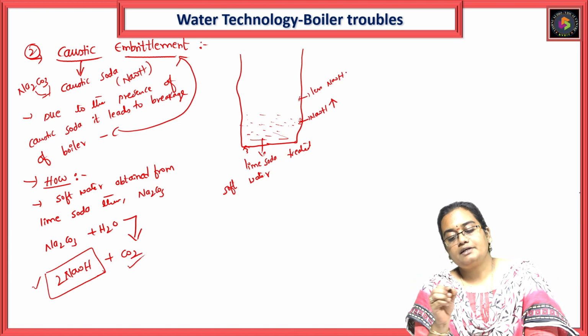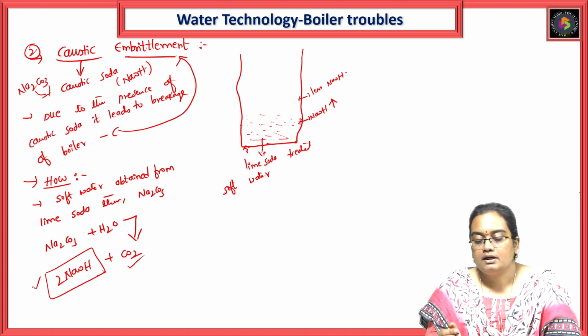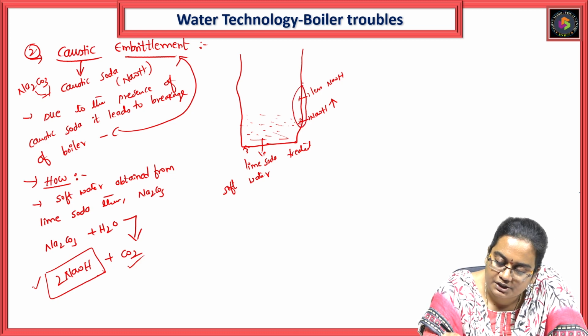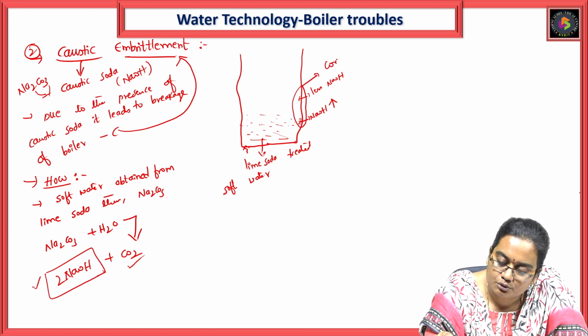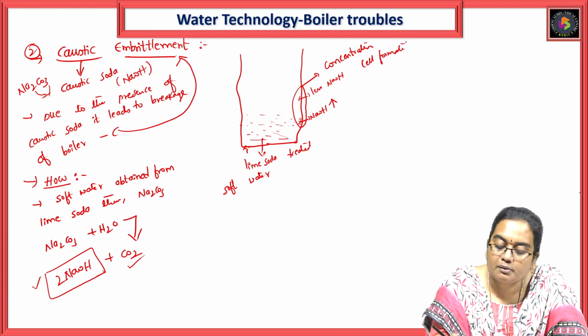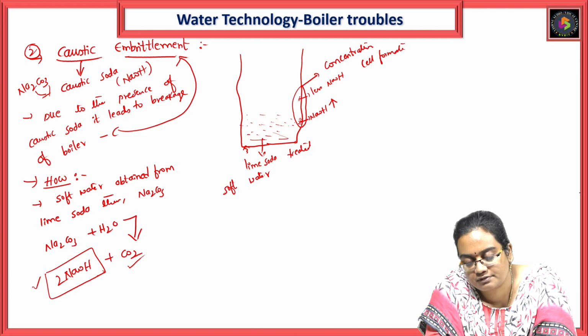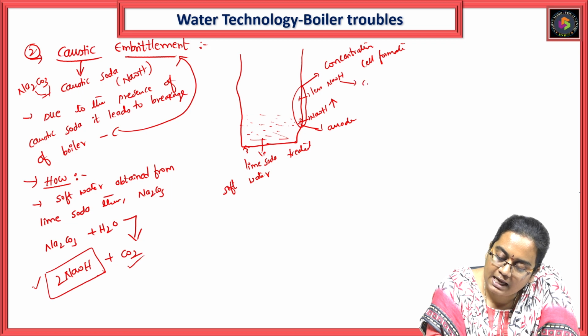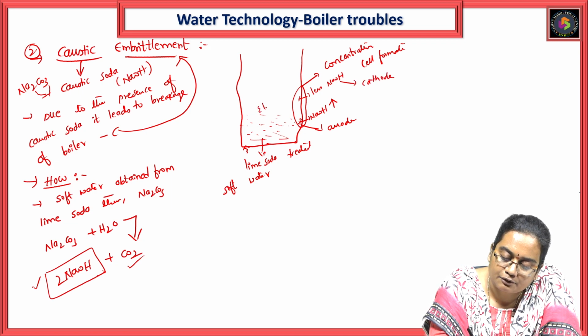Because of that reason, this too leads to concentration cell formation. That means sodium hydroxide at higher concentration will act as anode. Sodium hydroxide at lower concentration will act as cathode. Water will act as electrolyte.